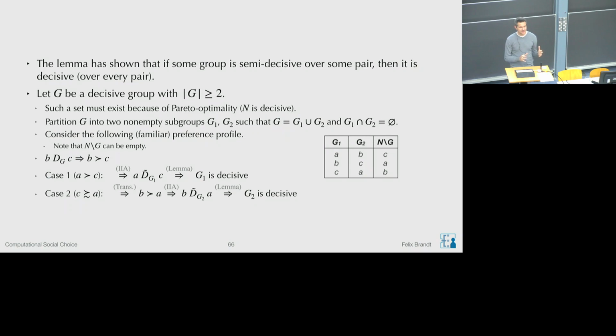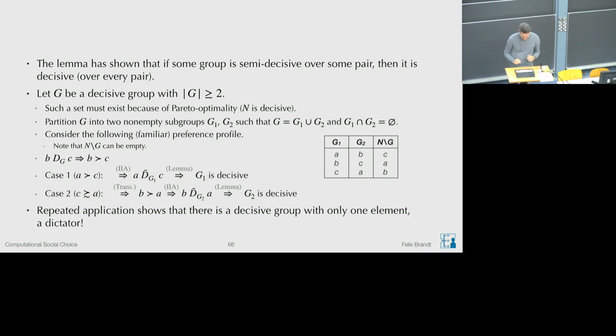Okay, then we have found a smaller one. And this is basically like a hidden induction now. We can make this smaller and smaller, and in the end we have a singleton decisive group, and that would be a dictator. Okay. And that completes really the full proof of Arrow's theorem. So I didn't omit anything. All of this is on these two slides.